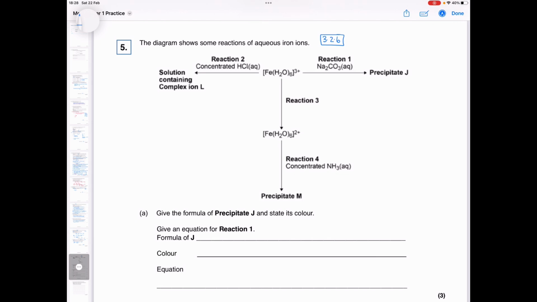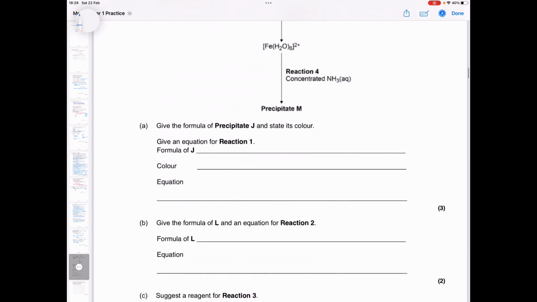Reaction 3 is reducing it from iron 3+ to iron 2+, and then it's reacting with concentrated ammonia to make a precipitate. So if we have a look at these reactions of iron 3+ ions, then we can actually fill in all of these and then have a go at answering the questions.